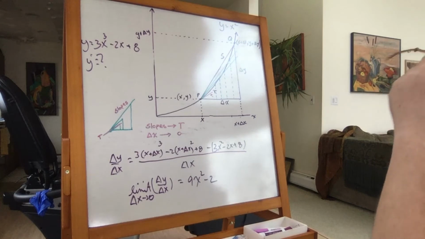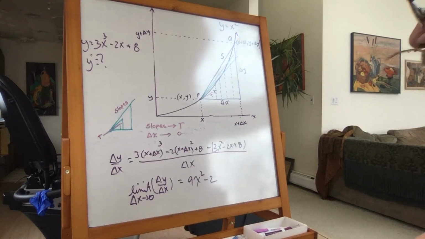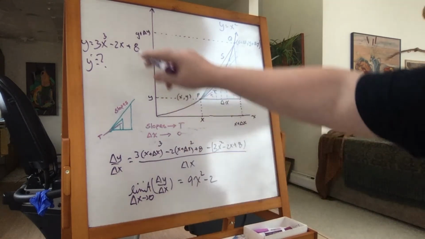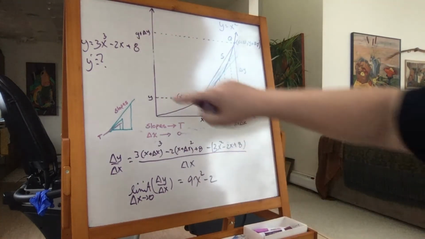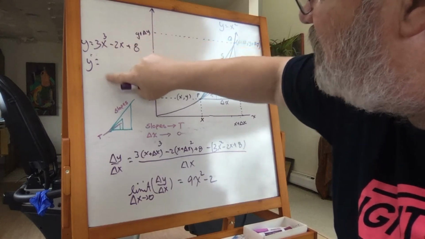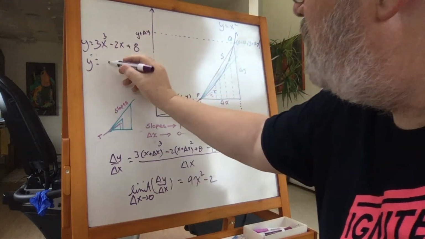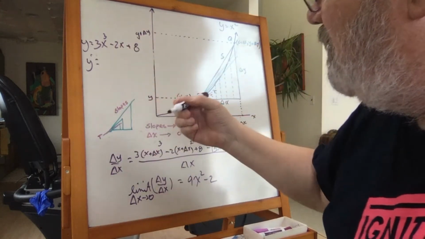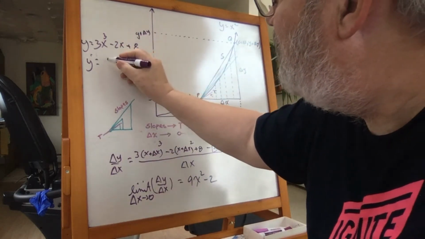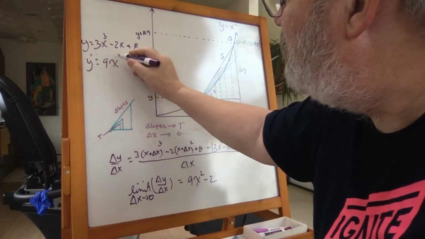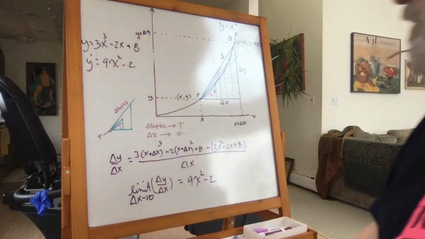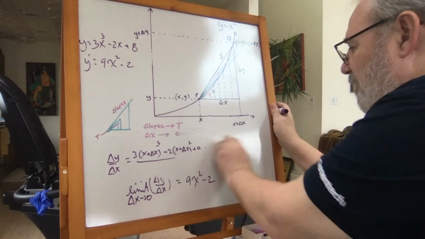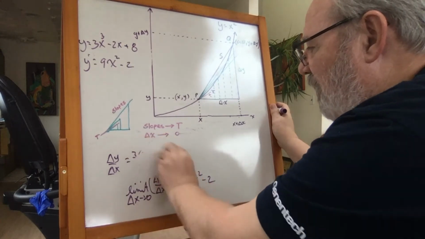So this is what we find for that function. The derivative of this function we know now is 9x squared minus 2.